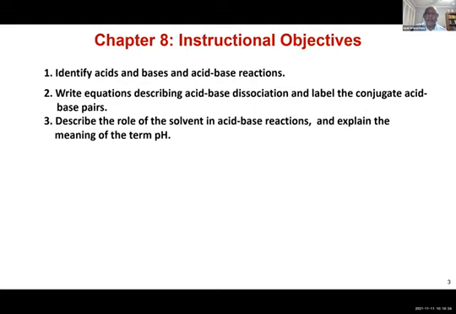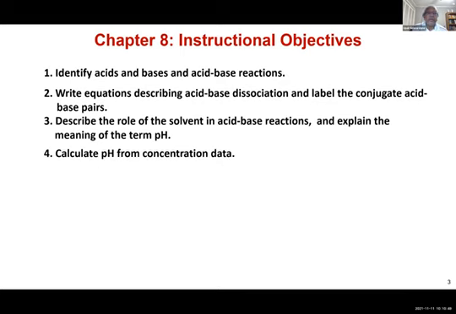It's called Kw, the dissociation constant of water. When you add acid or base to the water solution, that dissociation equilibrium is changed. So we're going to look into how it changes and how to predict the pH of the new solution.